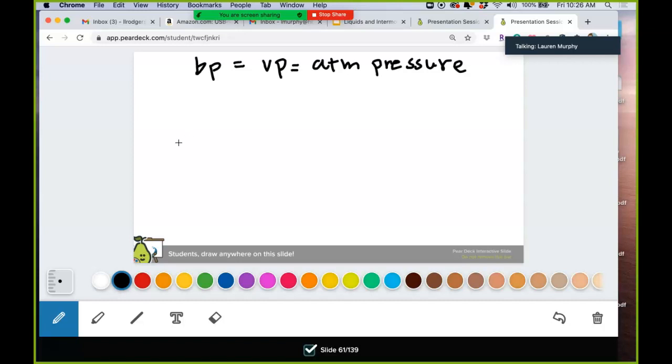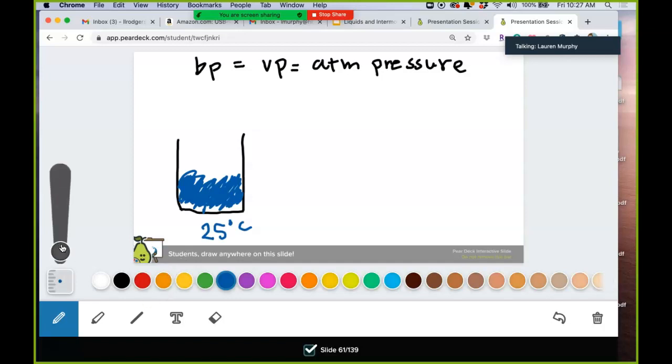So I'm going to draw a container, and hopefully you draw this with me too because I think it will be helpful. And we're going to use water. Water is the easiest, most common substance we know and we work with, okay? And I'll do water at 25 Celsius. Now remember that temperature is the measure of the average kinetic energy of the molecules, meaning some molecules are moving a little bit slower and some molecules are moving a little bit faster.